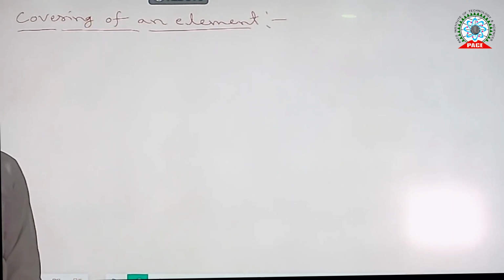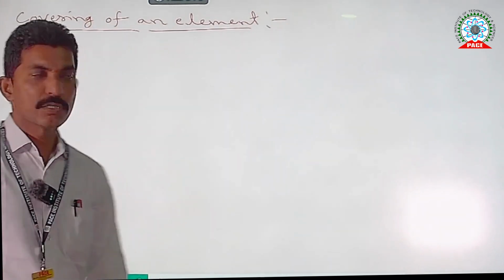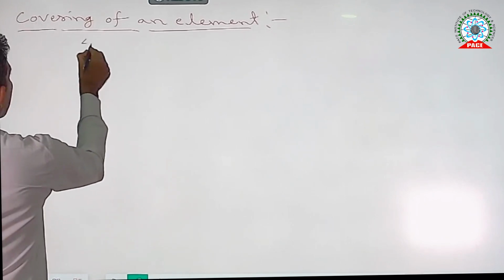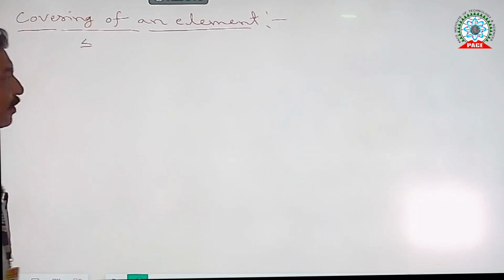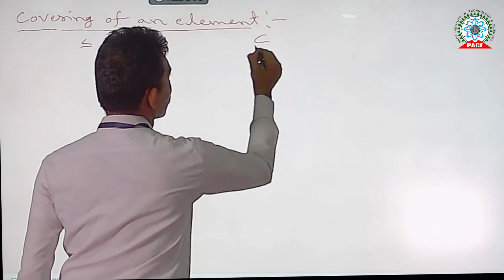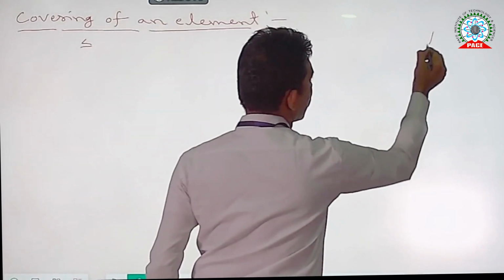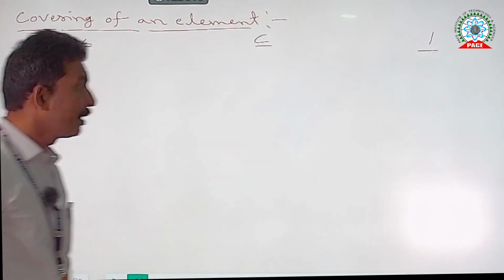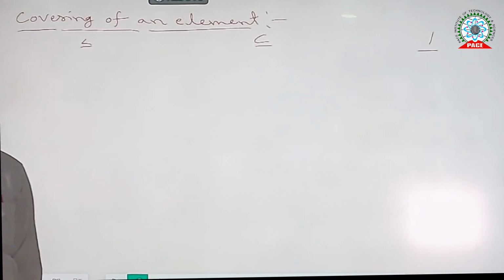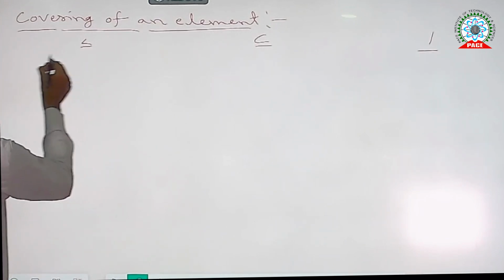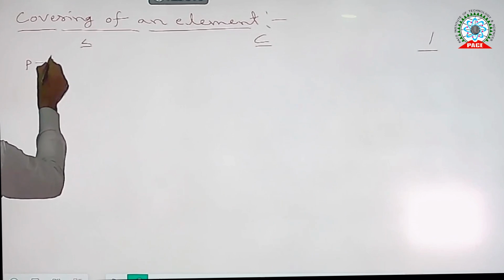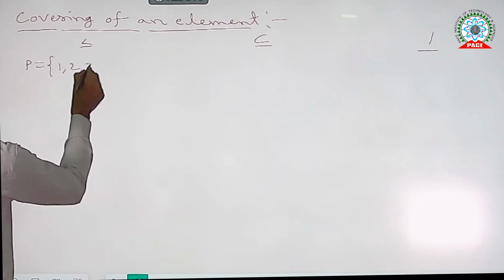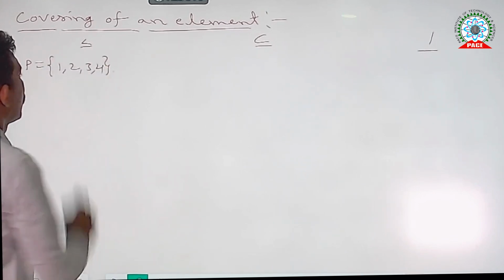First one is less than or equal to, second one is subset, and the third one is divides. So when you take P is equal to the set 1, 2, 3, 4, then P comma less than or equal to is a poset.